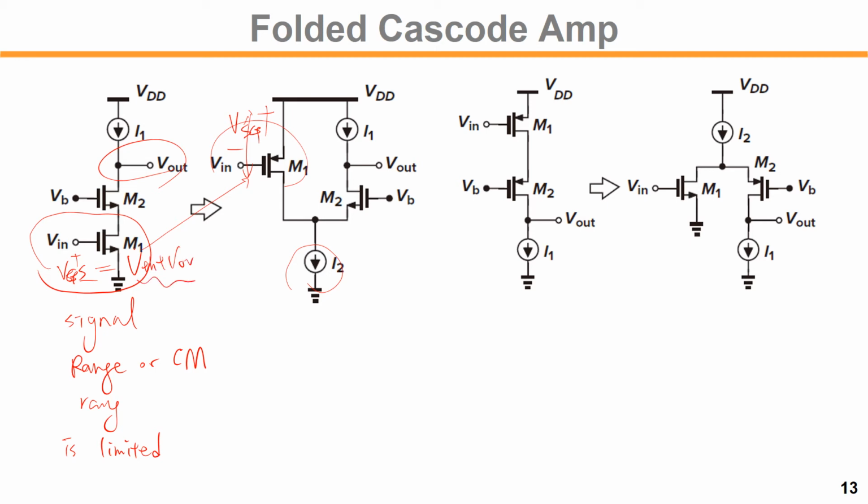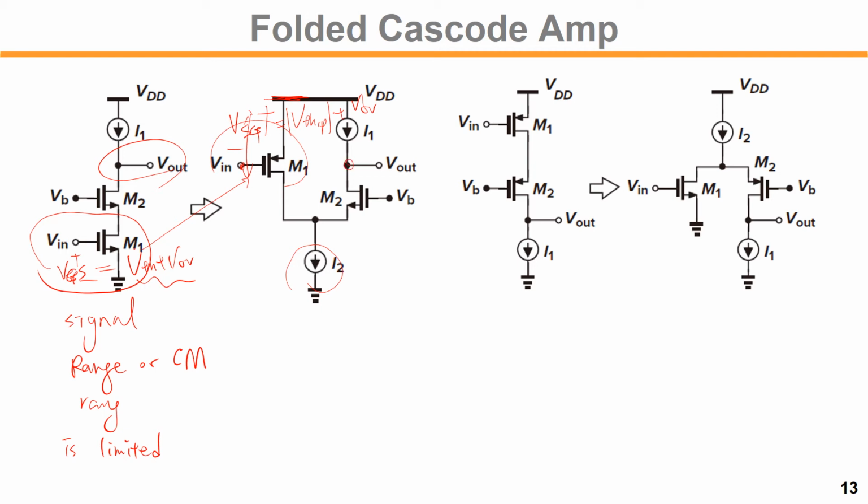So this bias voltage is near VDD, but if you fold this amplifier structure like this, then you get the VTH P absolute plus overdrive voltage, right? So the voltage range would be starting from the VDD. So VDD minus VSG is the input common mode value, right? So we can change your input signal range as you want, right?